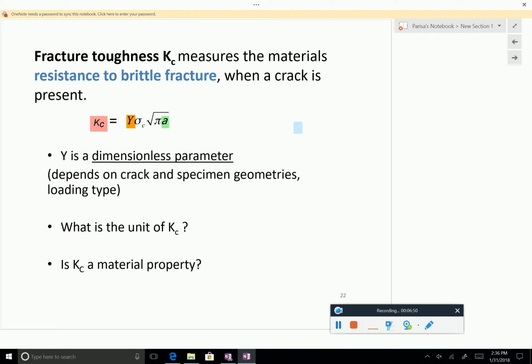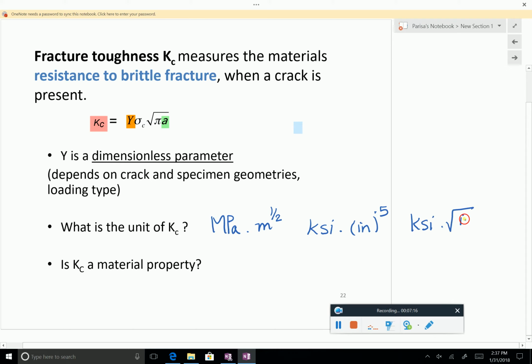So the unit turns out to be something in the form of, for example, megapascal meter to the power of 1/2. It is true. That's why I said it's kind of unusual. Sometimes you see it written like this. You may see it written like this.